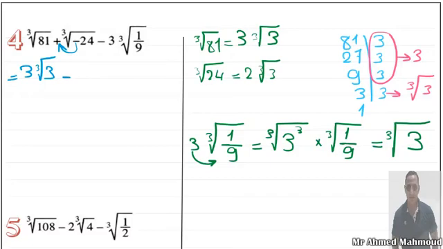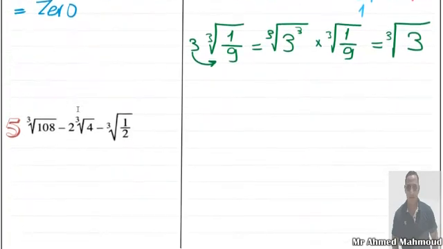Cubic root 24 equals 2 cubic root 3, minus cubic root 3. Now we have here 3 minus 2 minus 1. Again 3 minus 2 minus 1, because all of them are like roots, it will be 0. And if the answer is 0, we don't write the roots, because 0 times any root equals 0 finally.